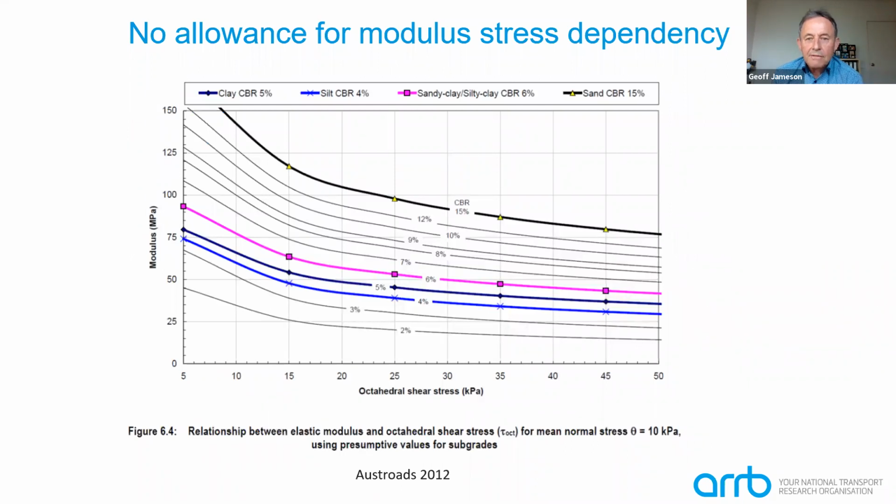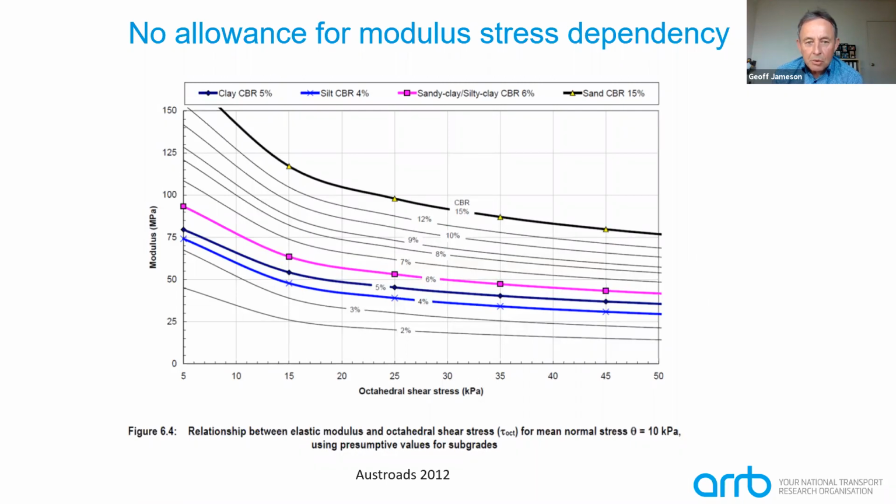So we looked at the available information that was published, and you'll see there's some presumptive stress dependencies given in that report for both granular materials and for different subgrade types.